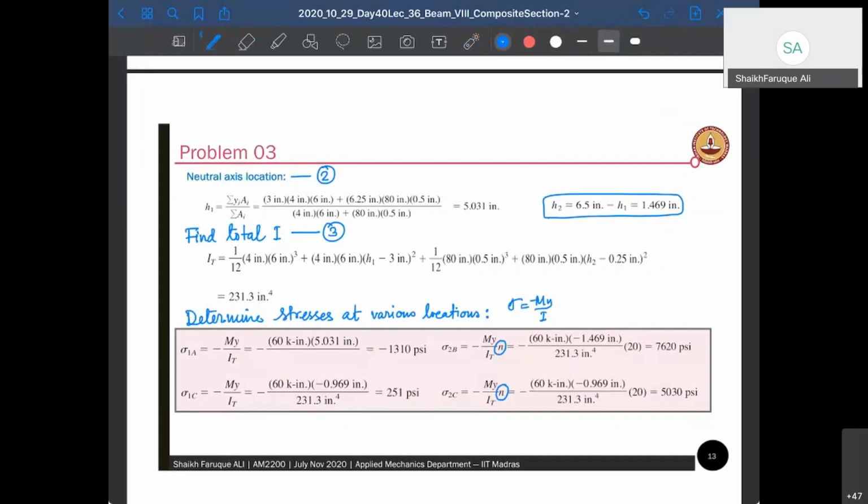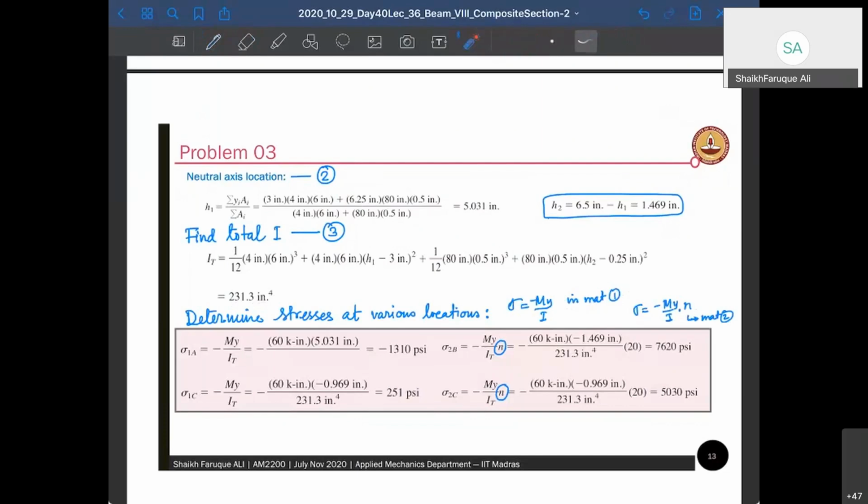And in material 1, and that same will be sigma equal to minus My/I into n in material 2, right? So sigma 1a is in the material 1.